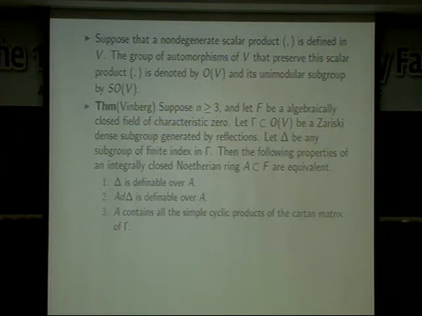Let gamma be a Zariski dense subgroup generated by reflections, and let delta be any subgroup of finite index in gamma. Then the following properties of an integrally closed Noetherian ring A are equivalent. First, delta is definable over A. Second, Ad delta is definable over A, where Ad is the adjoint representation. And third, A contains all the cyclic products of the Cartan matrix of gamma.